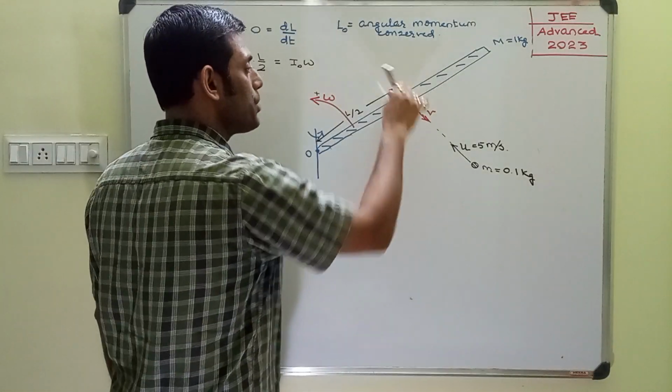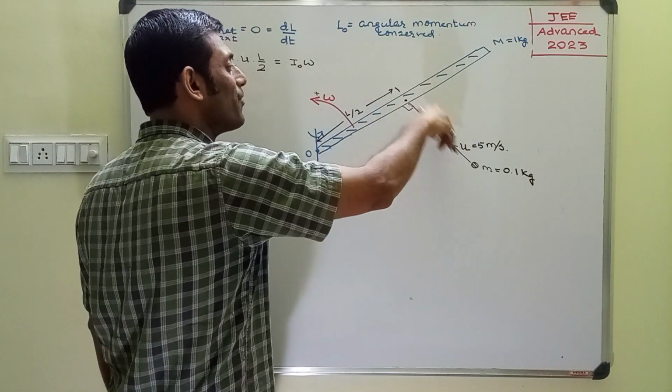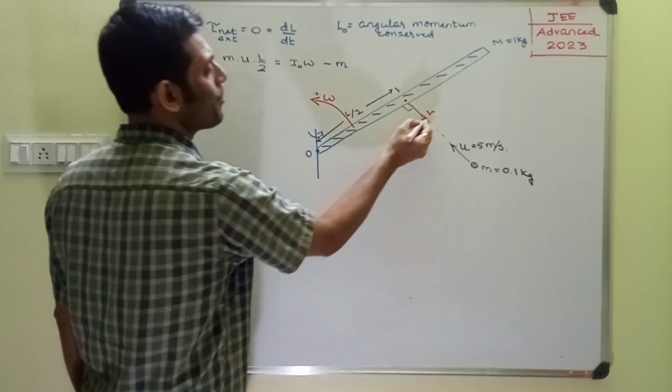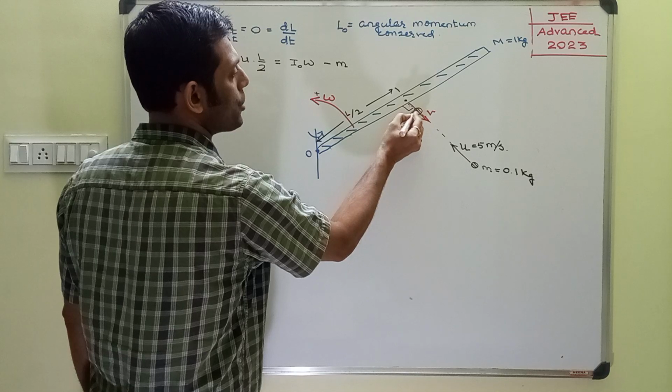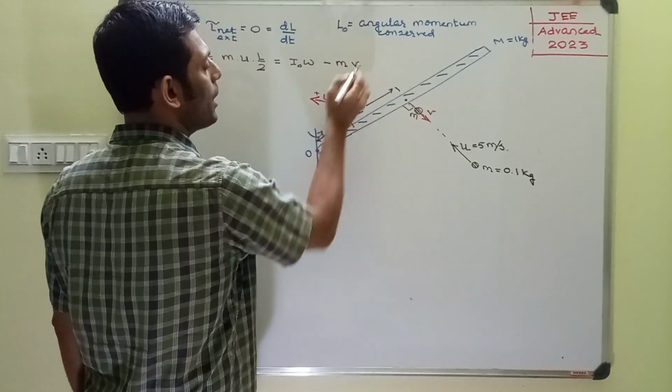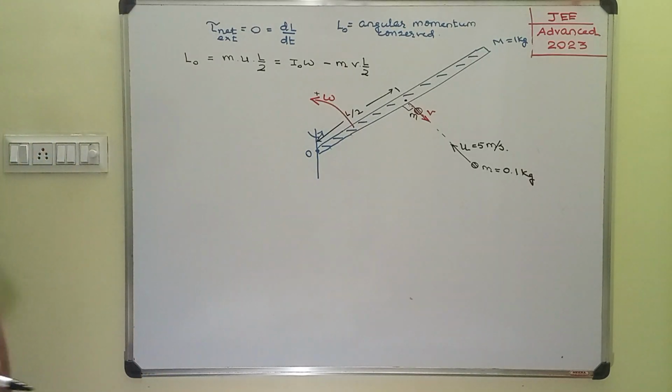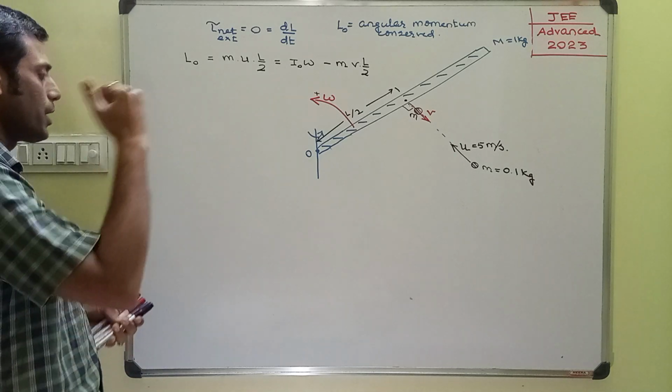And what happens to the object? It returns back with a negative v, I mean v in the opposite direction. That means the mass returns back with a velocity v with a perpendicular arm length of L by 2 from the axis of rotation. Therefore, this is the first equation which we will use in solving.